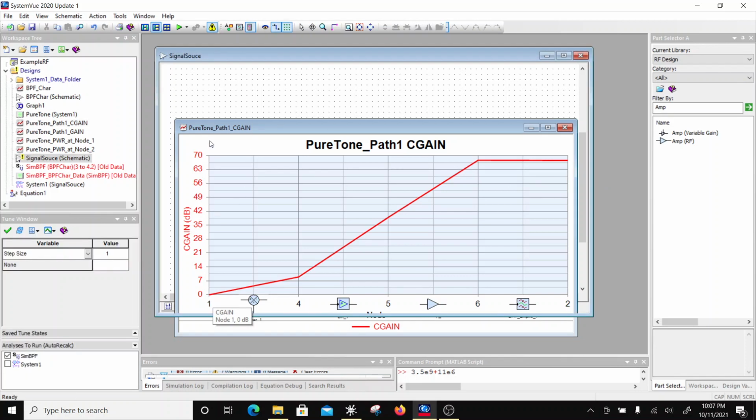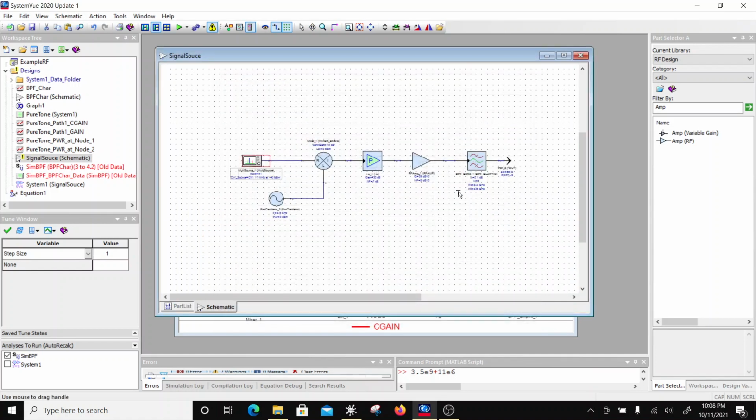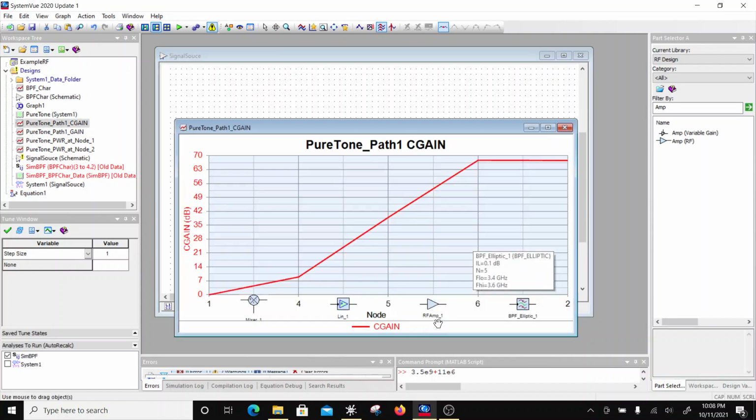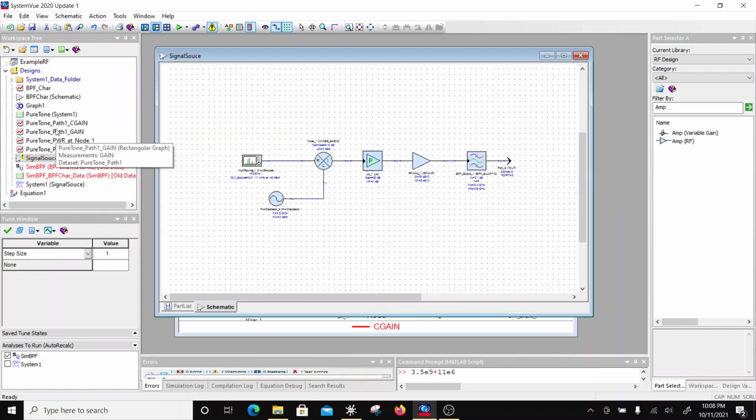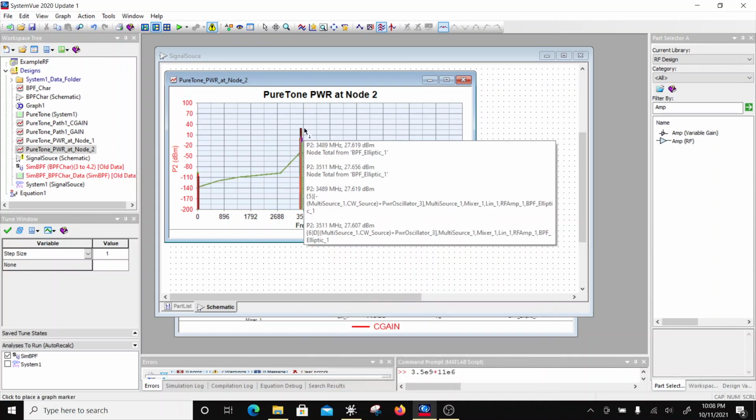So if I put here an input of minus 40, so minus 40 plus 67.6, it is delivering 27 point something, right? So that's what it is doing. If you look at node 2, you will see it is delivering 27.6. So basically the entire chain is compressed by 2.3 dB, right?